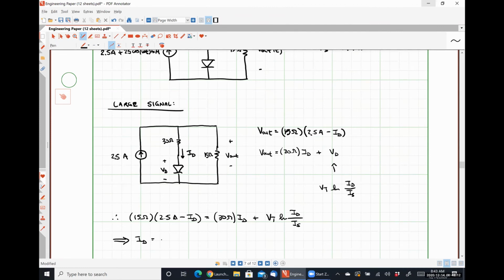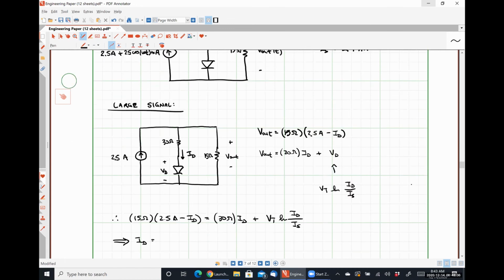So let's see, I have 15 times 2.5 minus x is equal to 30x plus 0.026 times the natural log of x over IS. Where did I write that down? 2.4 nanoamps. 2.4 times 10 to the minus 9.